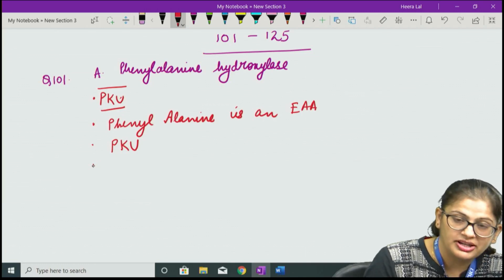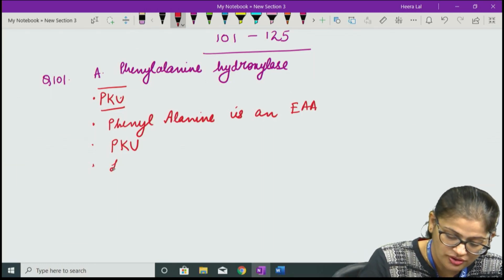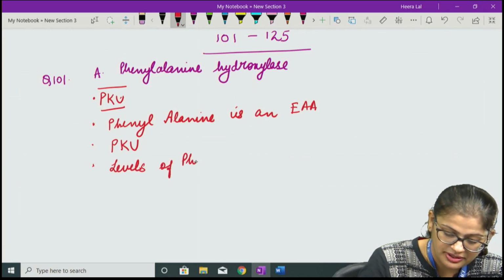So in this regard, it has been seen that once this enzyme is deficient, the levels of this amino acid increase in the body fluids.